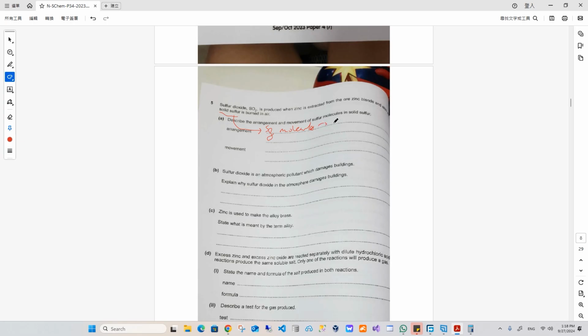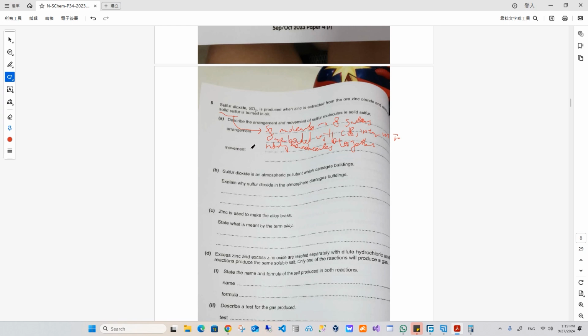Within a molecule, eight sulfur atoms are bonded with covalent bonds. But between molecules there is a weak force, which we call the Van der Waals force, an intermolecular force holding the molecules together. And that's the sulfur solid crystal.